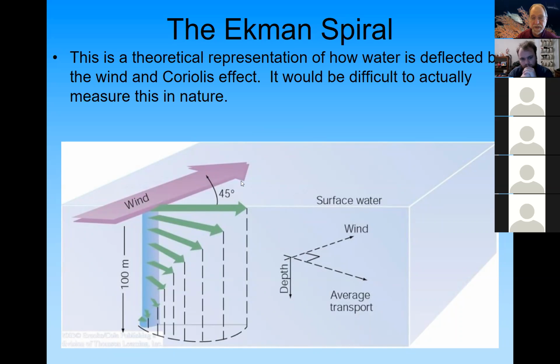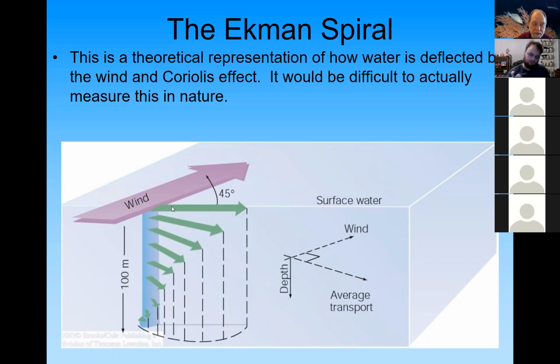And this deflection is going to be dependent on latitude. It is going to be greater in the high latitudes and lower in the low latitudes. All right, so this water starts in motion due to the wind, and it's somewhat deflected by the Coriolis effect. Well, the motion of this water is transmitted to layers of water deeper in the water column.